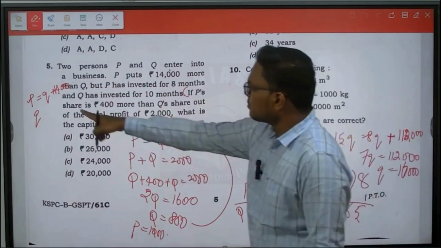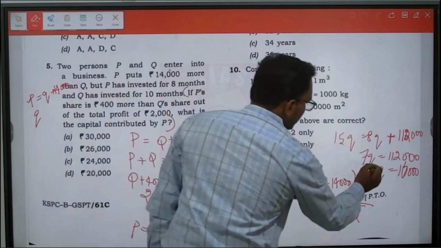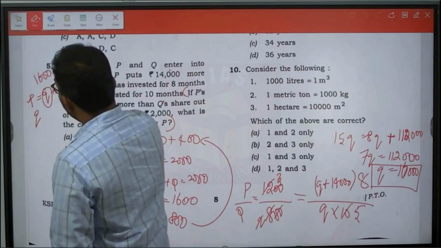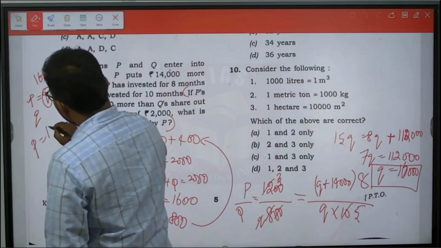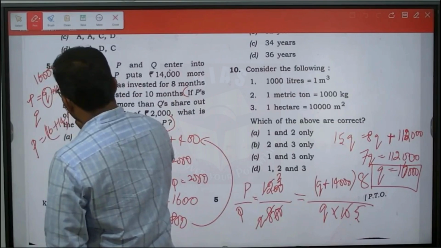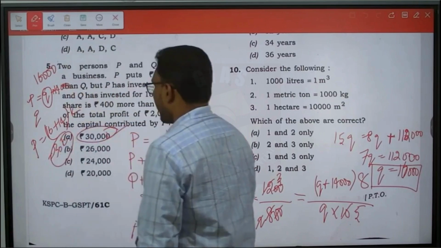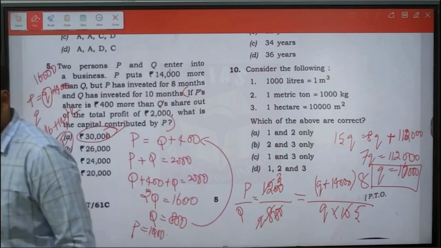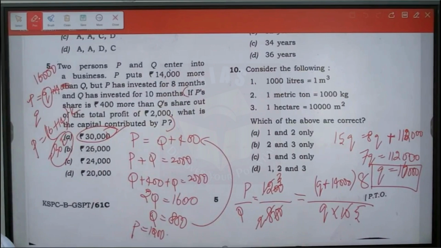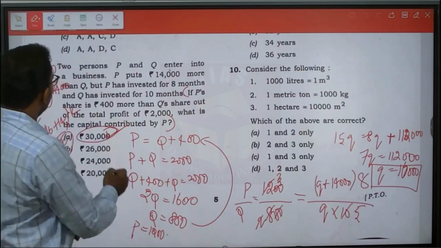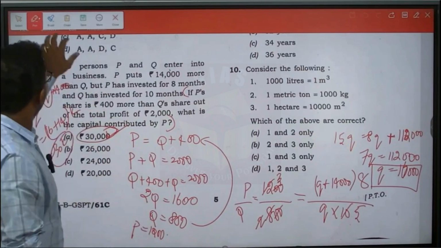If Q is 16,000, how much is P? Put this value of Q here. P is 16 plus 14K, which is nothing but 30K. So your option is A. So for question 5, your option is A.